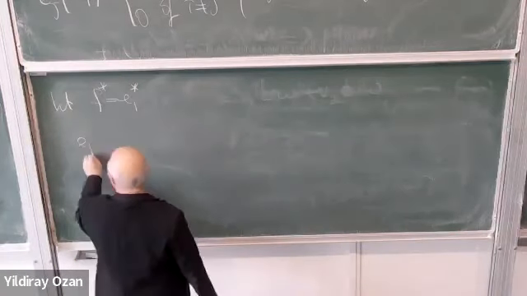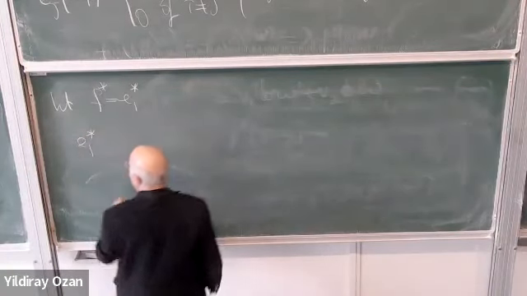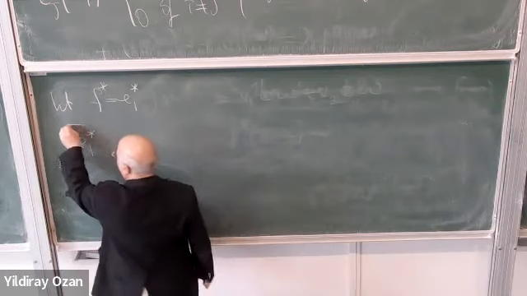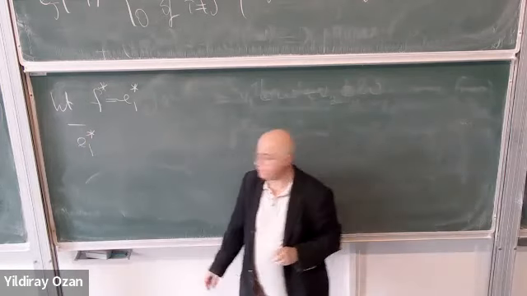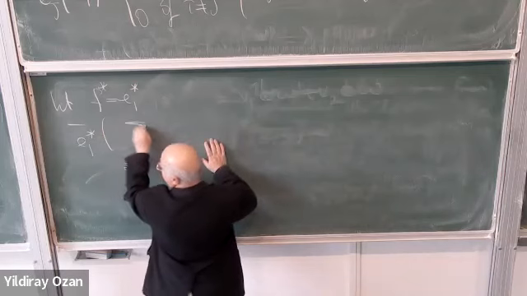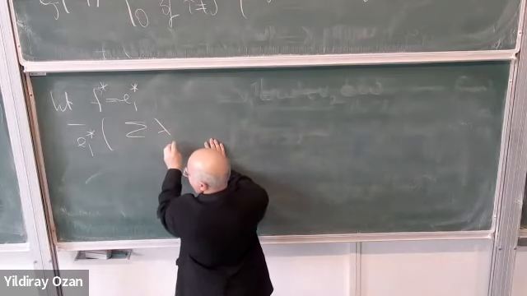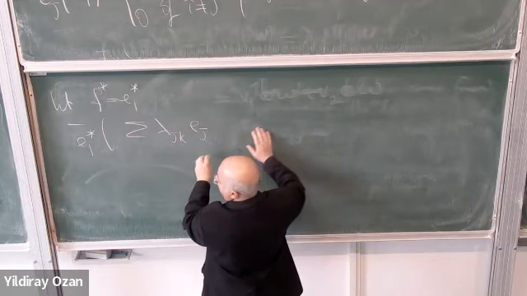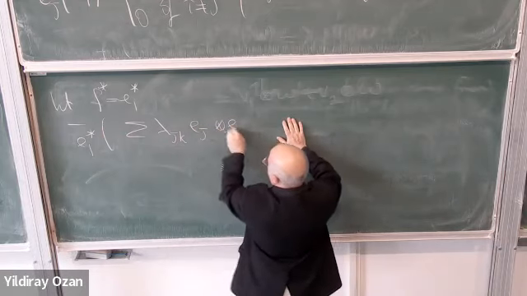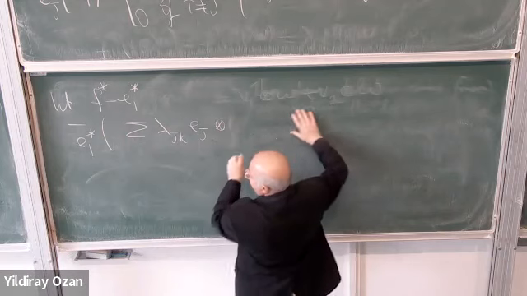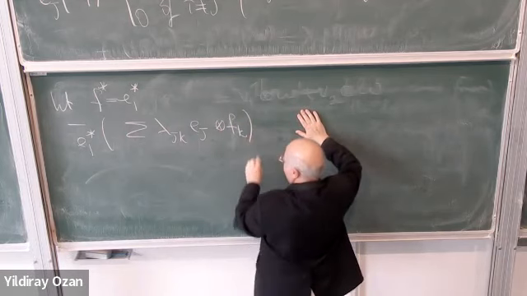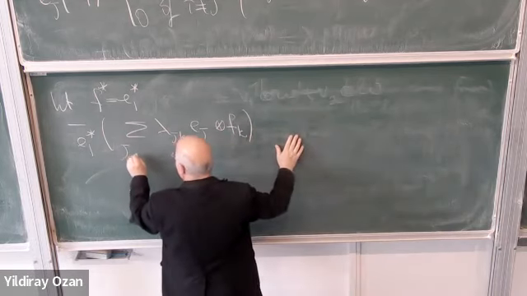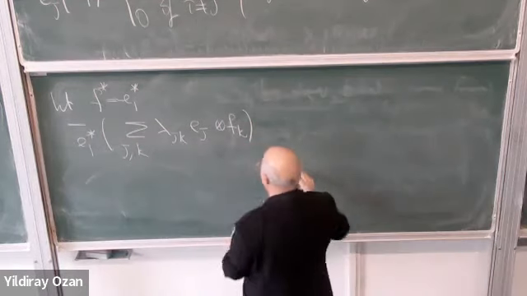So E1 star, I will put a bar, right? Apply to this digit. Lambda jk, Ej, and then Fk. Here, summation over all j and k.